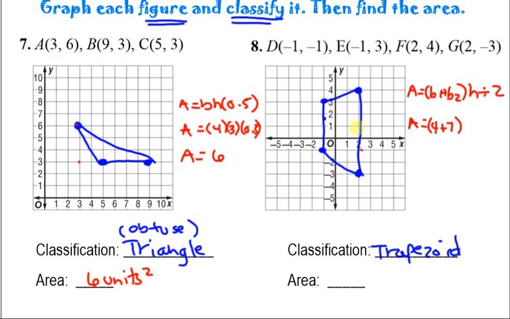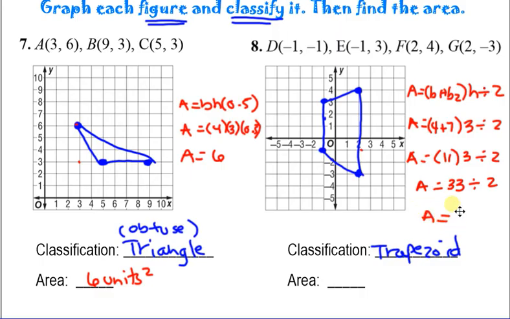The height is 1, 2, 3, divided by 2. Order of operations, parentheses first, 11 times 3 divided by 2. Area equals, well, 11 times 3 is 33 divided by 2.